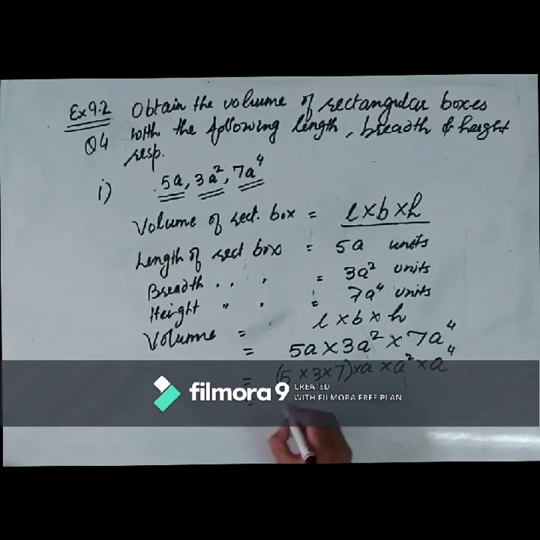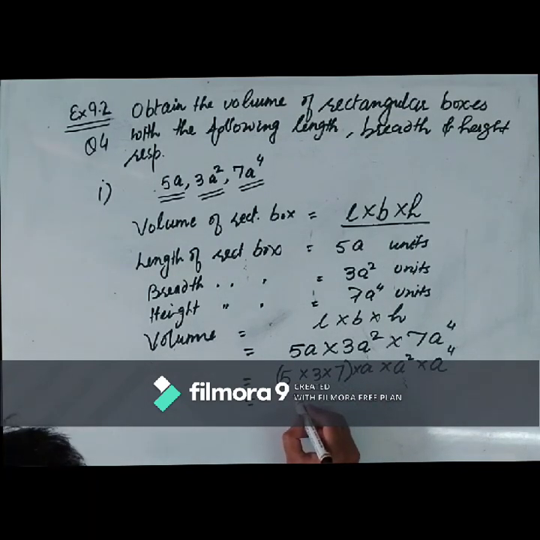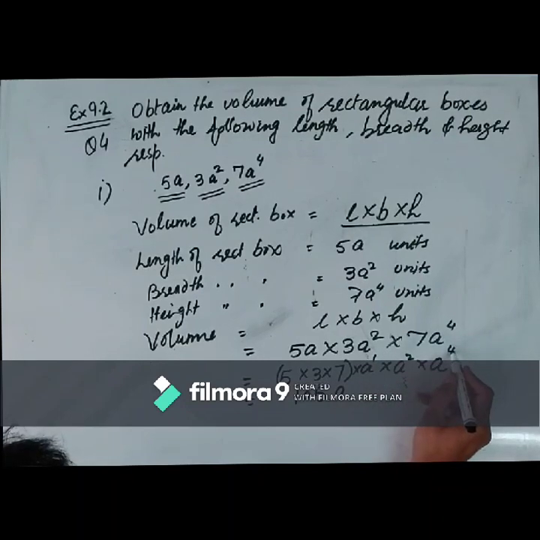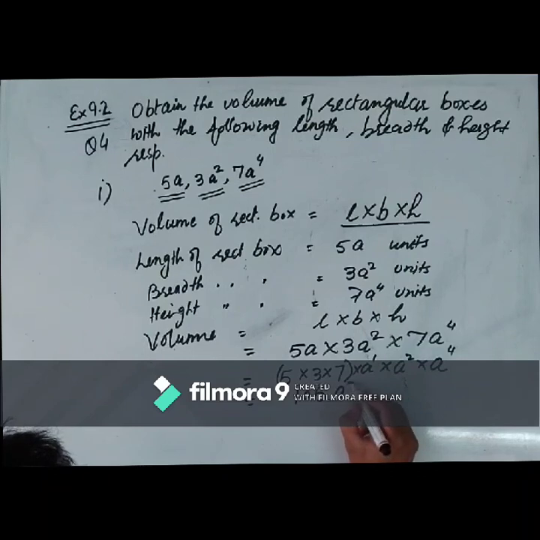So what is it? 5 3s are 15, and 15 multiplied by 7 is 105. a raised to power 1, a raised to power 4, a raised to 2, a raised to 1. So this is a raised to power 7. Note down a raised to power 7.